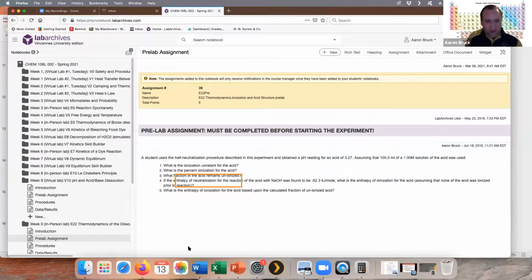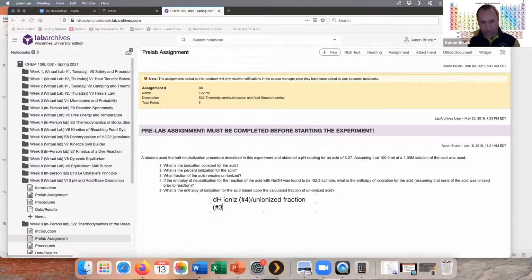So in number 5, it is the ΔH of ionization from number 4 divided by the unionized fraction from number 3. And if I take that ratio, that'll give me the answer for number 5.